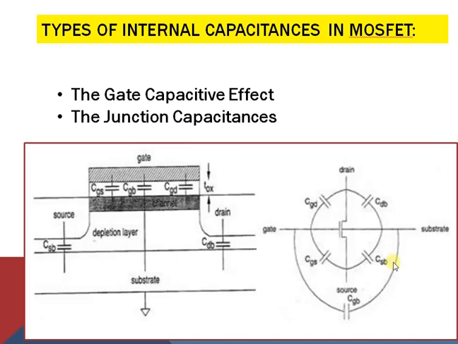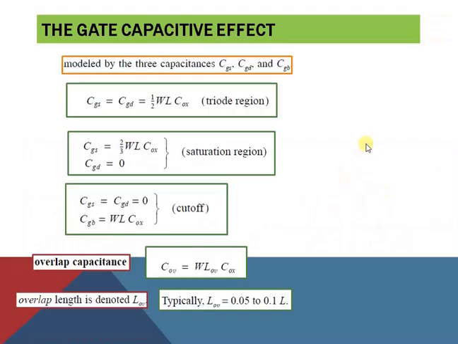So considering these two capacitive effects separately, let us look into the first one, that is the gate capacitive effect. The gate capacitive effect is modeled by mainly three capacitances, that is CGS, CGD and CGB, and it is determined in the following manner depending upon the operating region.